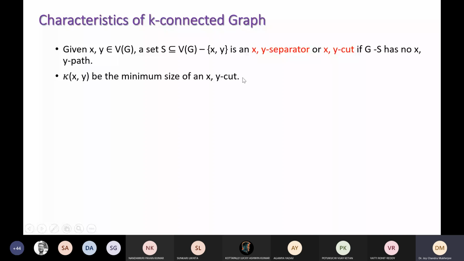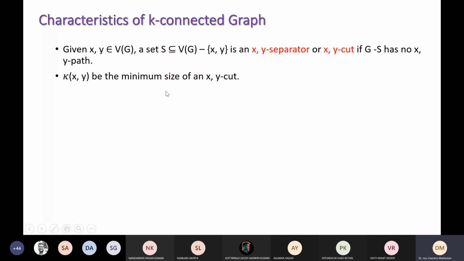It is not the cut of the graph. It is saying the XY cut. Given any two vertices X and Y in the graph, what is the minimum set of vertices whose deletion separates X and Y?